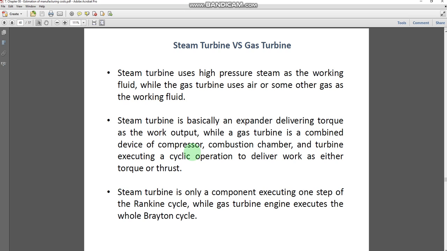Now the steam turbine is only a component executing one step of the Rankine cycle. Steam turbines usually involve the Rankine cycle, where steam is only used as a working fluid, whereas in the gas turbine you can have a combination of the Brayton cycle and the Rankine cycle. In the Brayton cycle you have the combustion and the expansion of the gases.